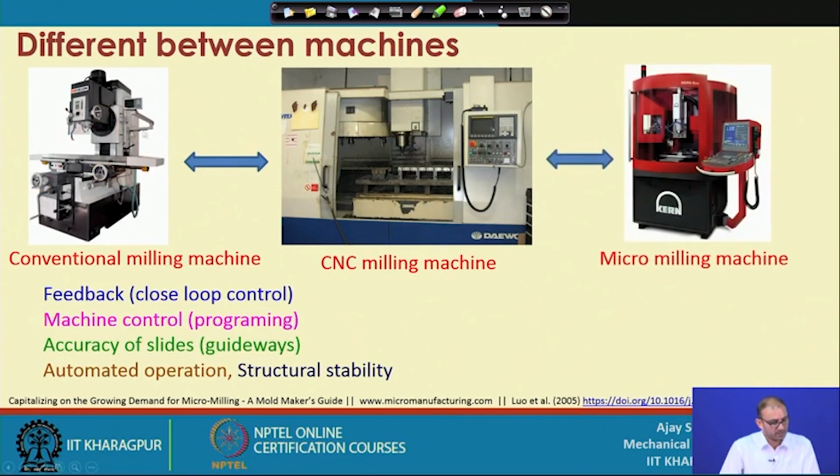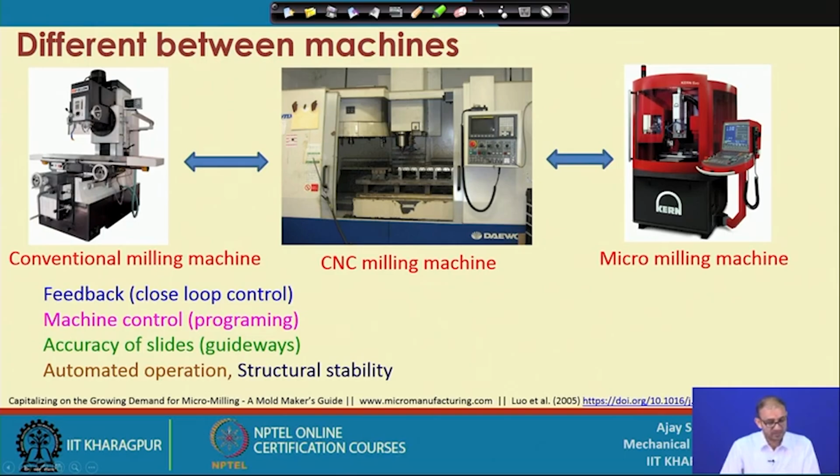right. So, now we understood the difference between the conventional milling machine and the CNC milling machine, but again there are some limitations of the CNC machine when you are working at a micro level, because there are many components which may not give satisfactory results when you are working at a micron level. When you are working at the tens of microns or hundreds of microns, sometimes this is also not enough.